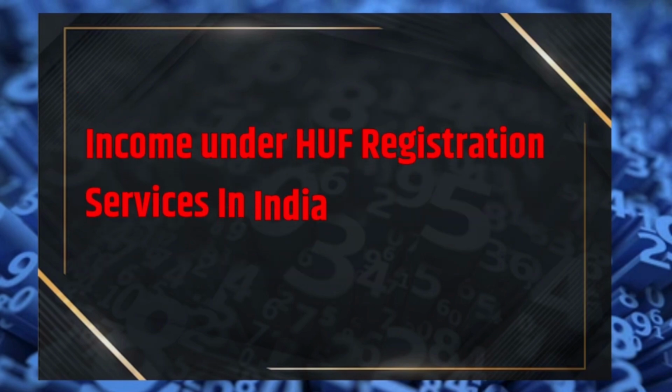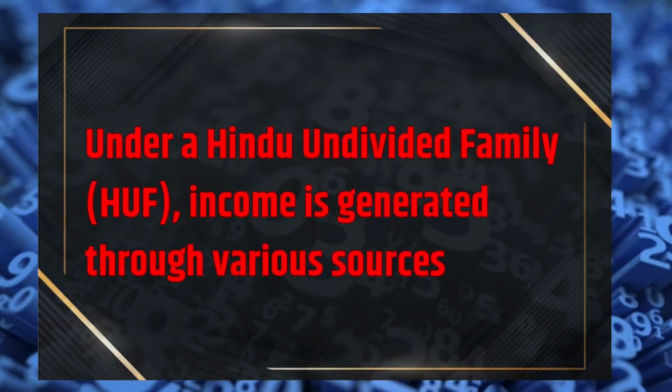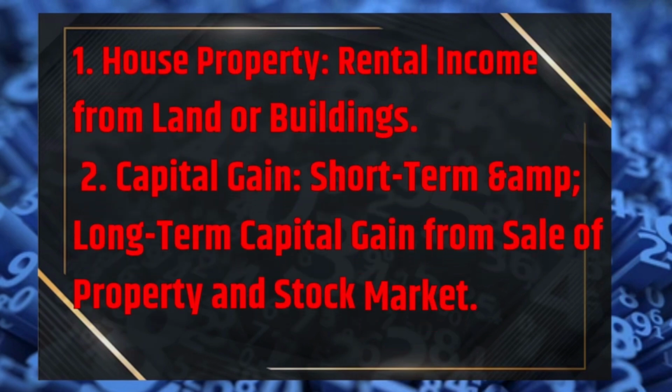Income under HUF registration services in India. Under a Hindu Undivided Family, HUF, income is generated through various sources. 1. House property, rental income from land or buildings. 2. Capital gain, short-term and long-term capital gain from sale of property and stock market. 3.